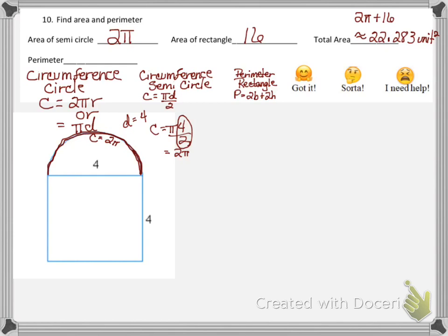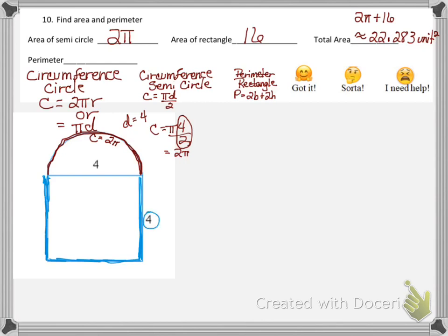Now let's look at the perimeter of the rectangle. Let me use a different color so that we can see this. The perimeter of the rectangle is just going along the edge here. Typically we would use 2 times the length plus 2 times the width. But in this case, we're just trying to find the perimeter of this part here.